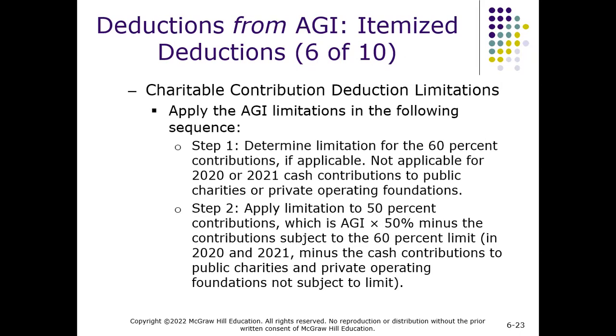So let's take a look at these steps. Essentially it's saying, determine the limitation for the 60% contribution if applicable. This isn't applicable in 2020 or 2021 for cash contributions. Step 2, apply a limitation to your 50% contribution. So you take your AGI times 50% minus the contribution subject to 60% in step 1.